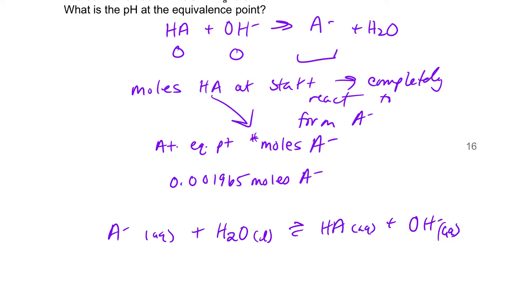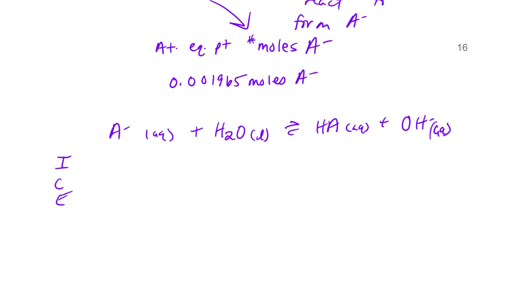So we've got our equilibrium arrows, so we need to do an ice table. We have to use concentration in our ice table, right? So this is an important step not to forget. So we need concentration of A minus.